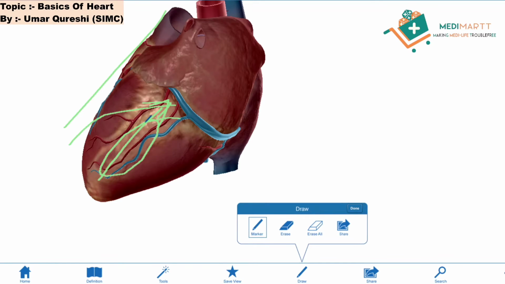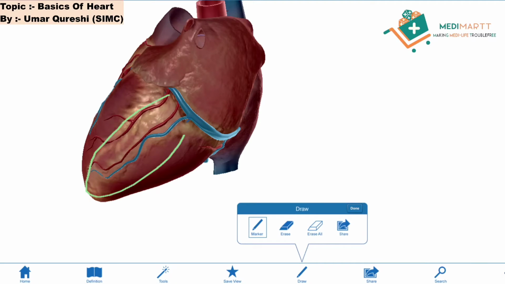It is formed mainly by the left ventricle and partly by the left atrium and its auricle. This is the auricle. So the left surface is mainly formed by the left ventricle, and a part of the left auricle and left atrium is also included.